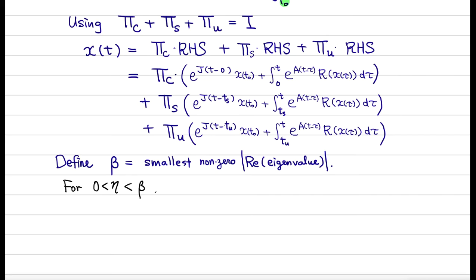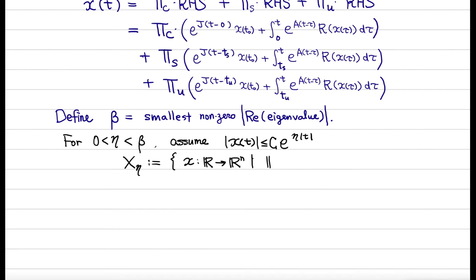Choose any positive number less than beta to be eta, and we assume that there is a solution that grows less than exponent eta. So for some constant c, x of t grows exponentially but less than the exponent eta. Let's call capital X eta the set of such functions that grow less than e to the eta t.